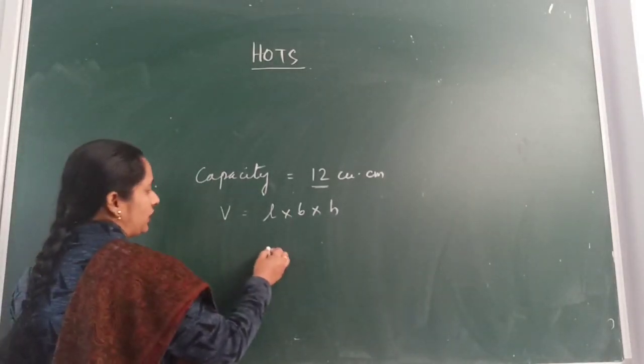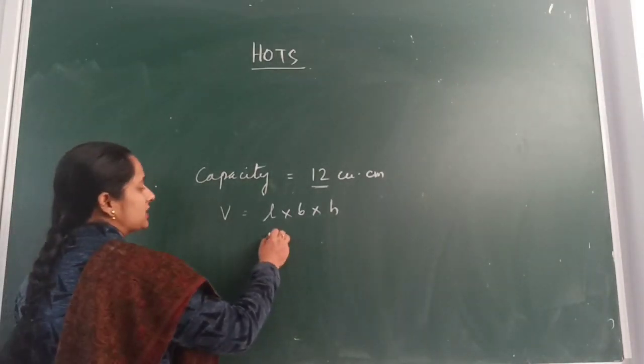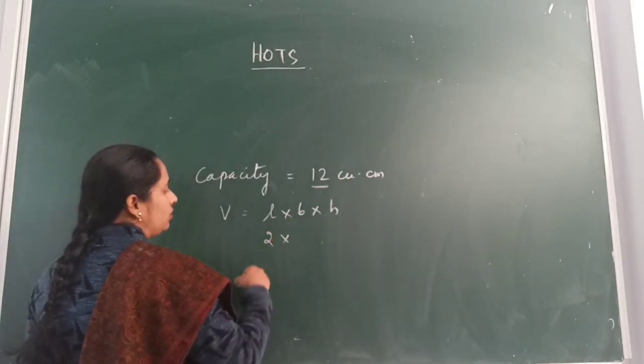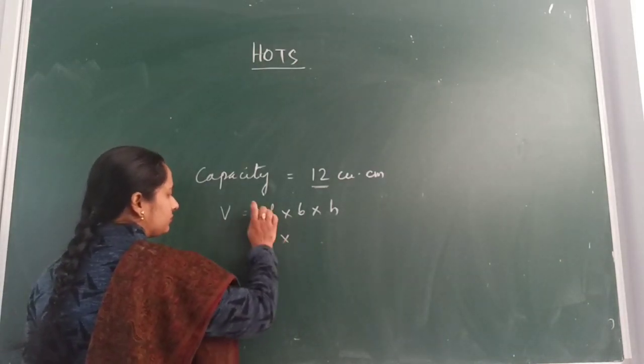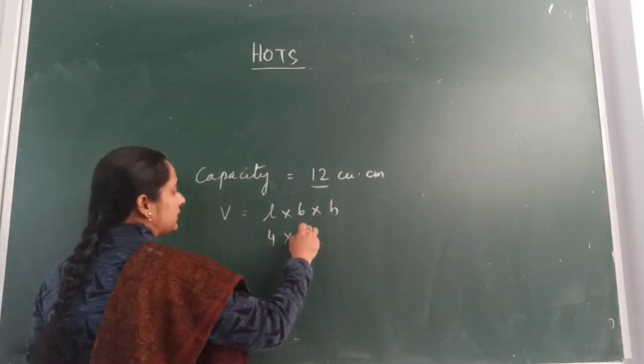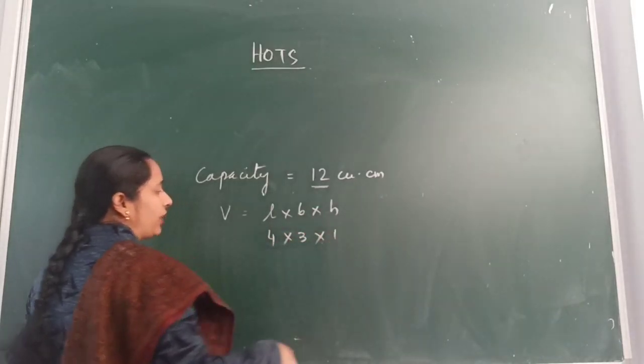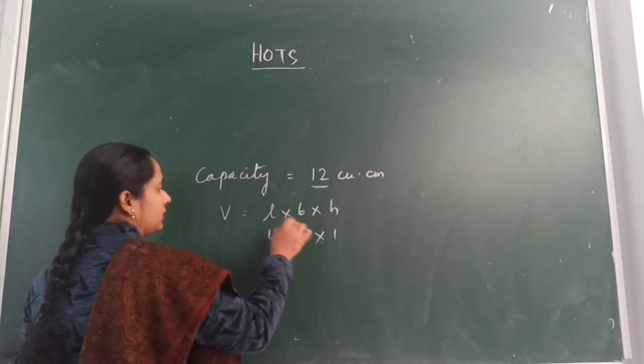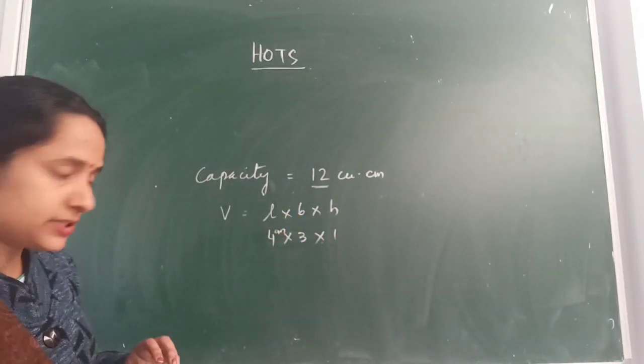So, let me give you an example. Suppose a box has a length of 4 centimeter, breadth 3 centimeter and height 1 centimeter.